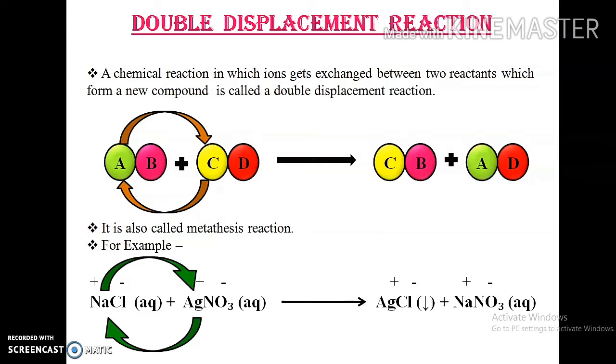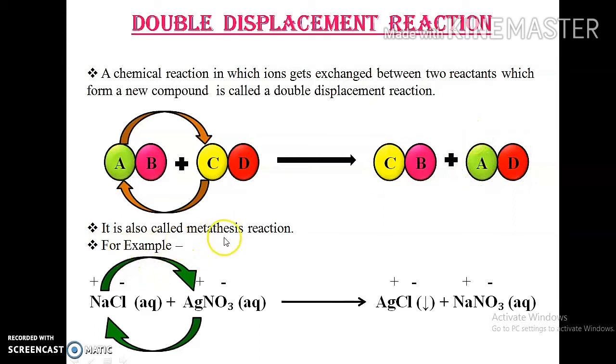Only positive can exchange with positive, or negative ion with negative ion. Here A has taken the place of C and C has taken the place of A. They exchange places and become CB and AD.